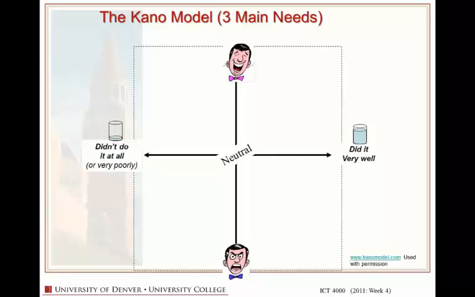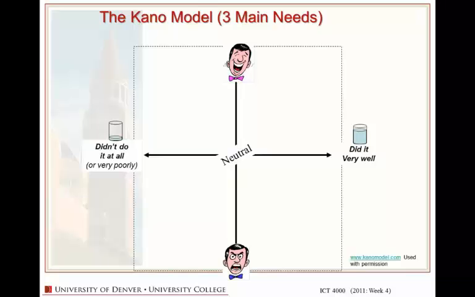The horizontal axis plots how well the need was executed. On the far right-hand side of the axis, this is where the company executed it quite well. And then on the left-hand side, they either did it not at all or very poorly. And in between, you have a neutral reaction.